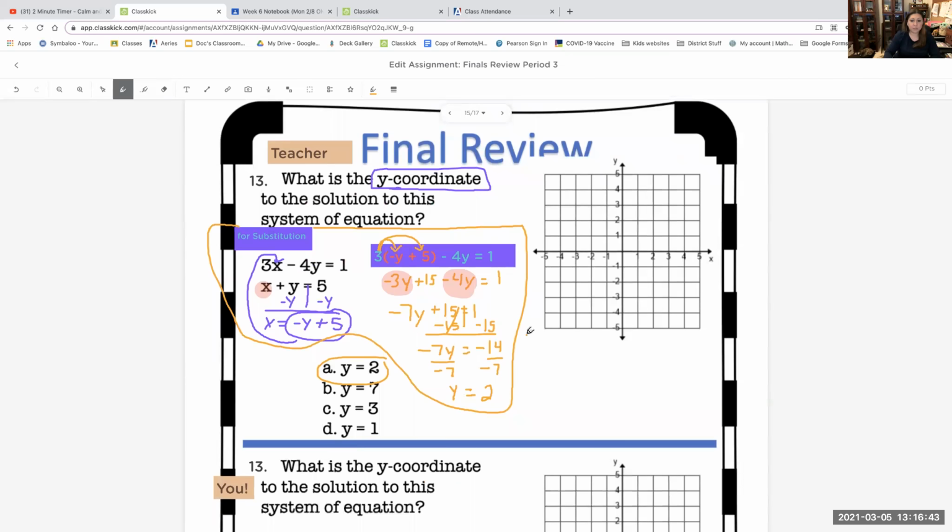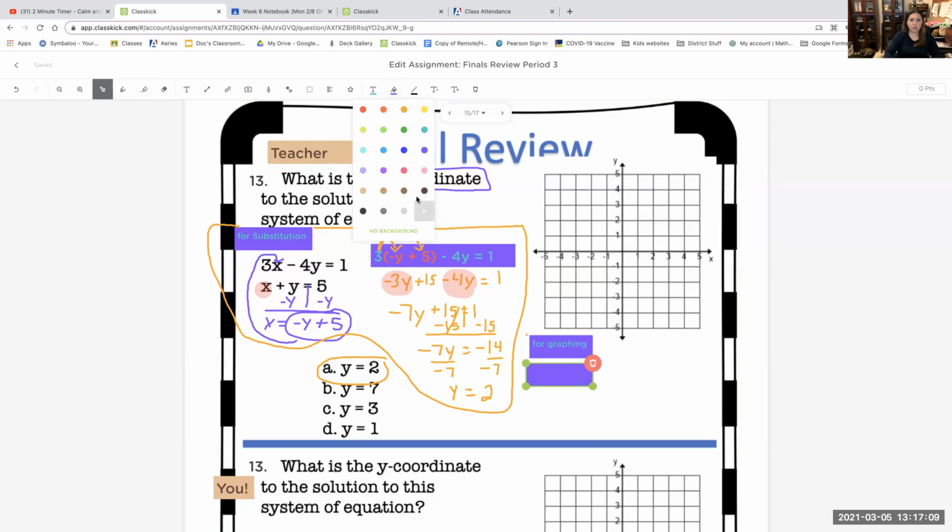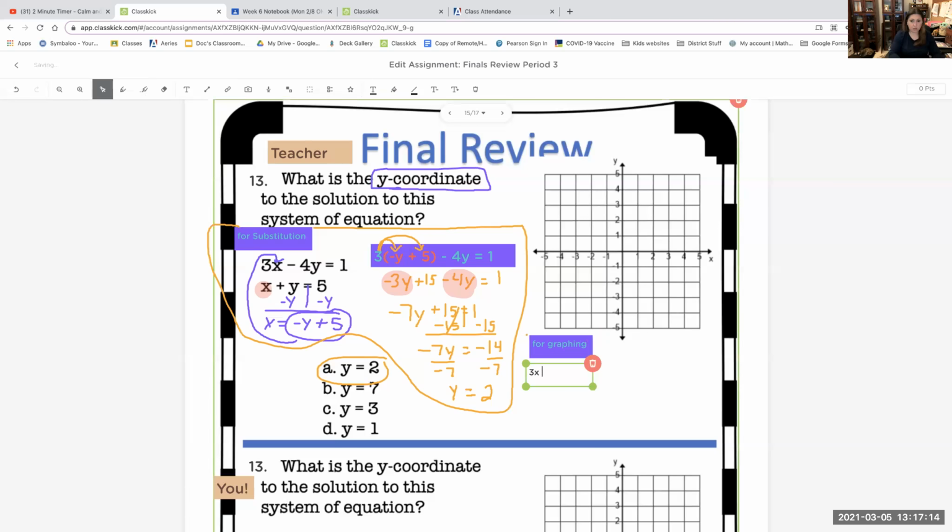So for graphing, I'm going to write those 2 equations all over again: 3x minus 4y equals 1.